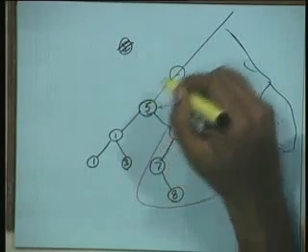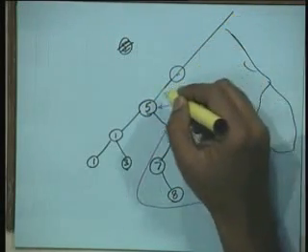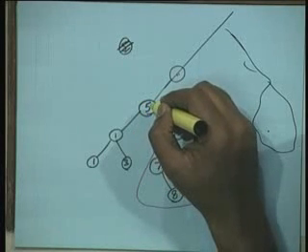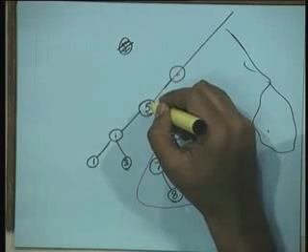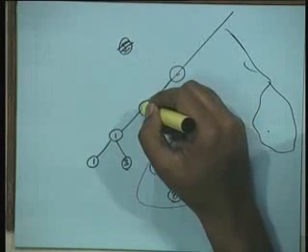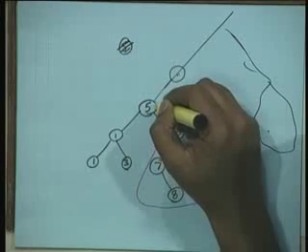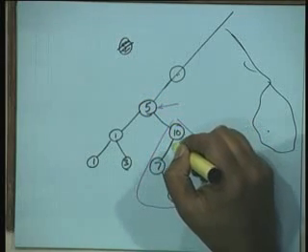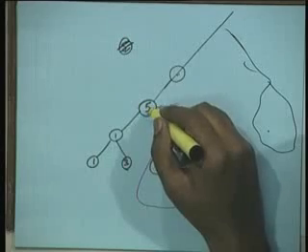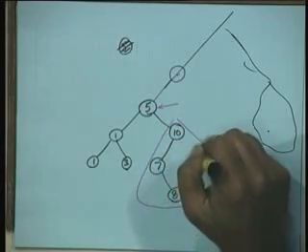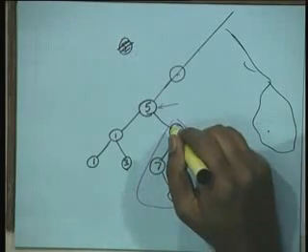Now, if the key is slightly larger than 5, then once again we would end up at this node and proceed right, because it's larger than 5. So any successor of 5 really has to lie in this part of the tree.